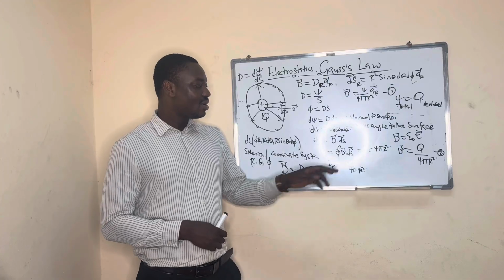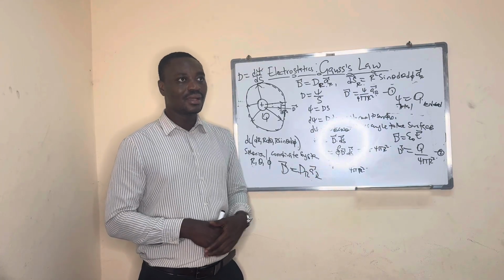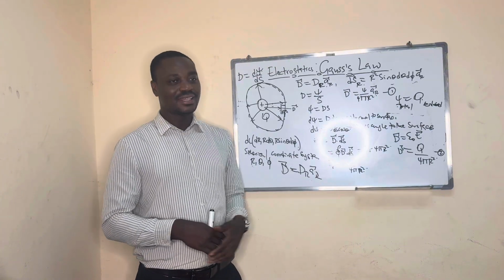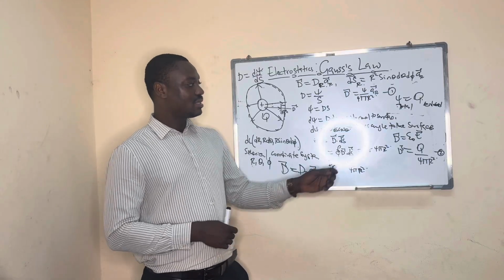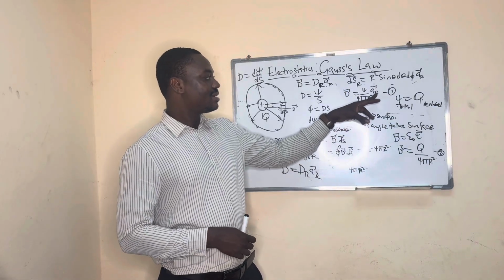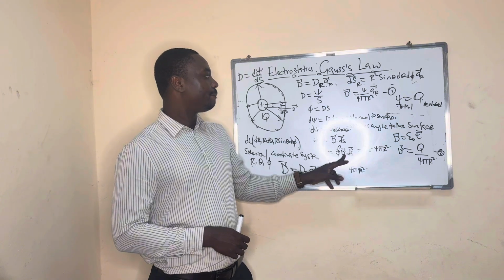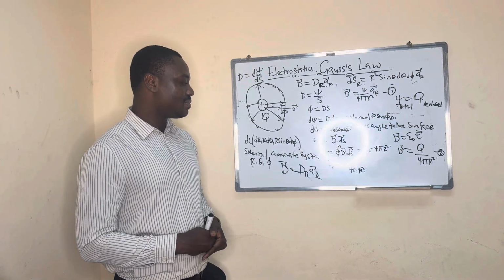So you can see now we have expressed both vectors. We have the electric flux density here, and that of the differential surface vector. But we do a replacement, since both the electric flux density and the differential surface are in the same direction.